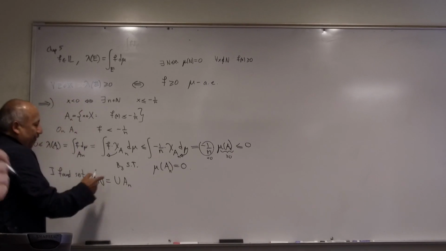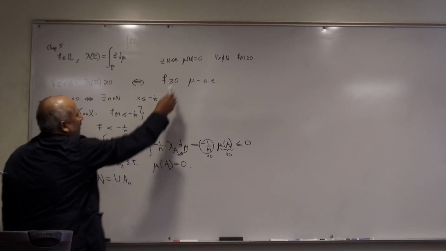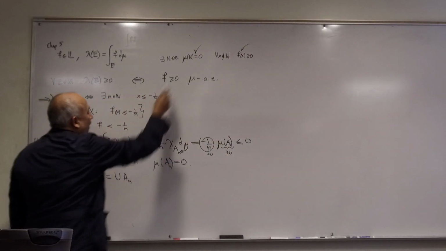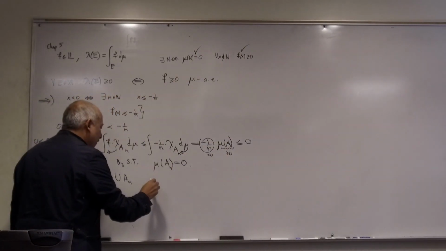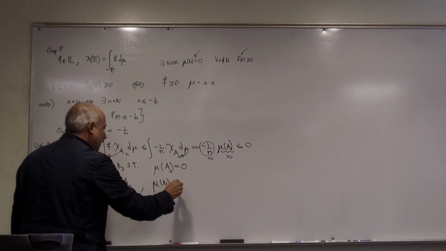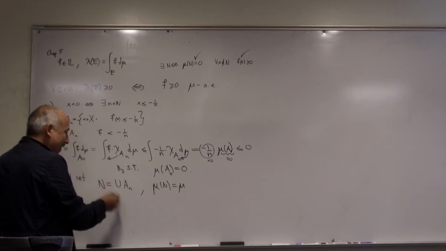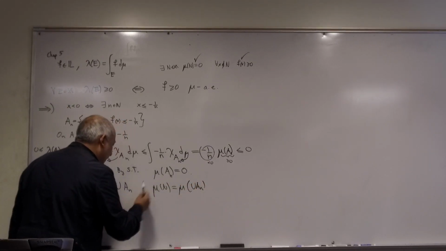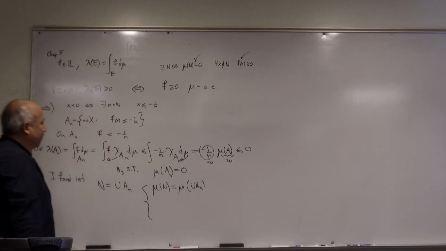But why is that? Okay, so 2 items. If I prove this and this, I'm done, right? So 2 items. Number 1, I want to prove that the measure is 0. What is the measure of N? It's the same as the measure of the union. So let me see 2 items here, and with those 2 items, we'll finish.